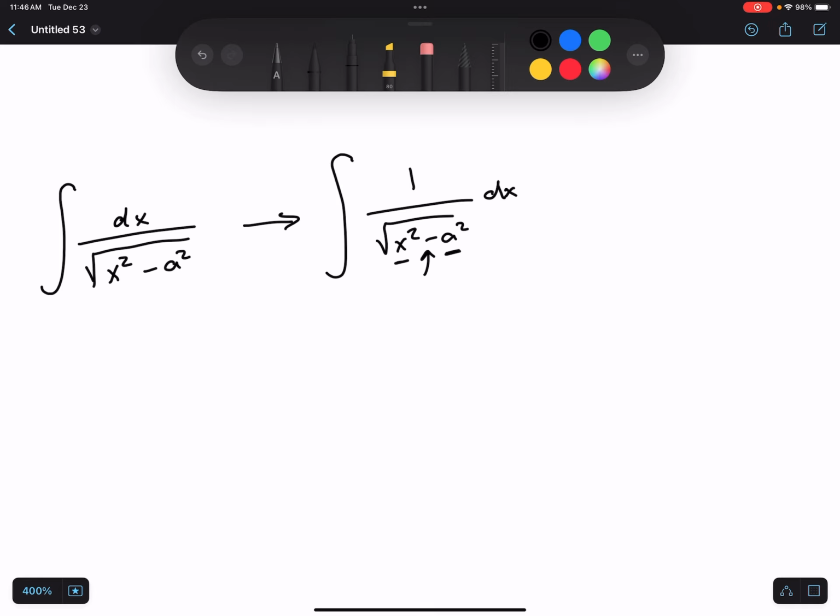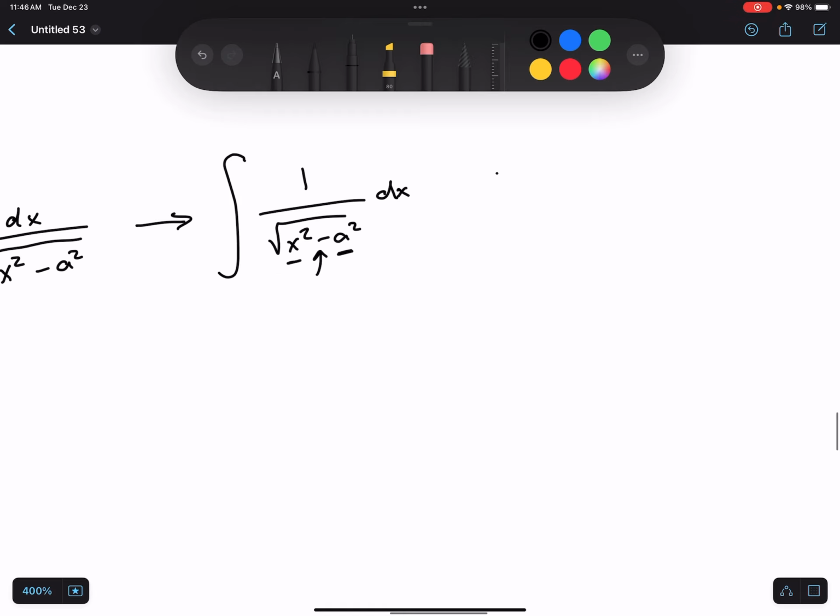And in this case, because a squared comes after x squared, we know that we're working with a secant trig sub. And so what we can do is say x equals a secant theta. In this case, the derivative is dx equals a secant theta tangent theta d theta.